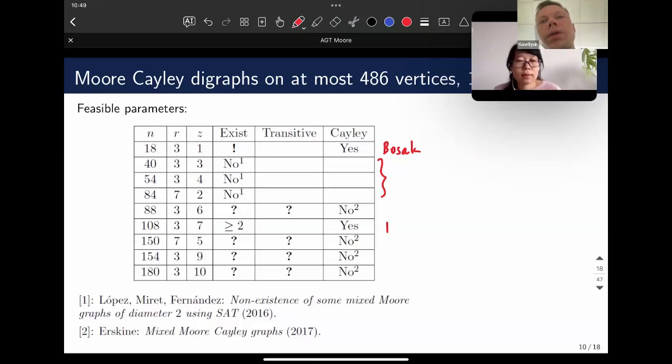So here we have Jørgensen graphs. And for all possible orders up to 486, Erskine showed that these graphs cannot be Cayley digraphs, as you can see in the last column of this table.